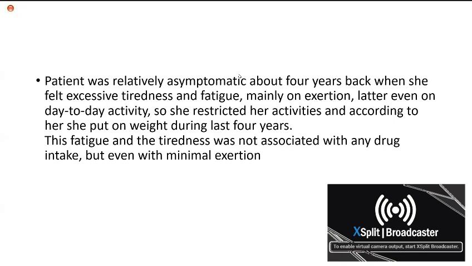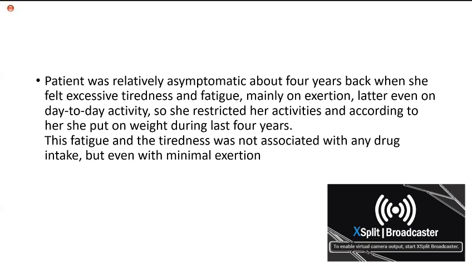The patient was relatively asymptomatic 4 years back when she felt excessive tiredness and fatigue, mainly on exertion. In the beginning, it was while going up 2 stairs, and later on, it increased to day-to-day activity. So she restricted her activity, and according to her, after this she put on some weight, 2 to 3 kg, during the last 4 years.